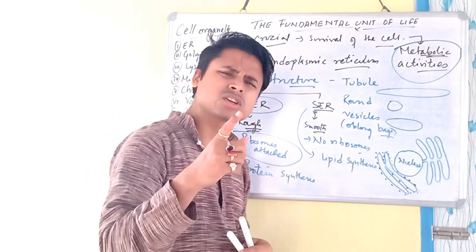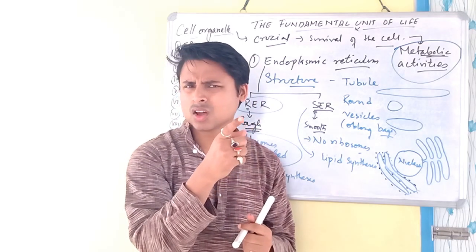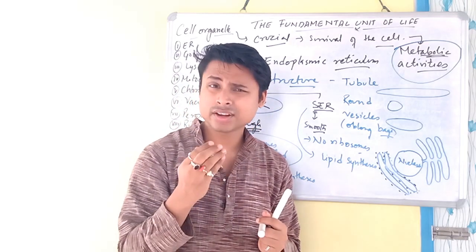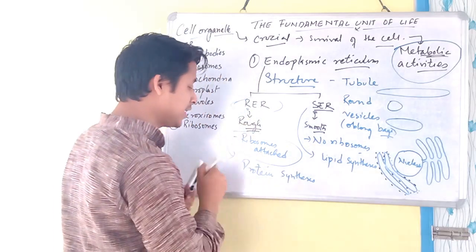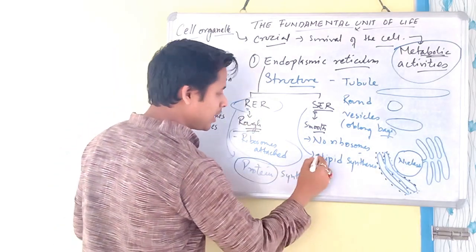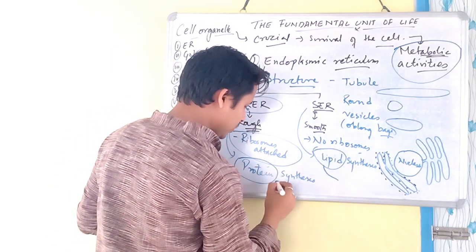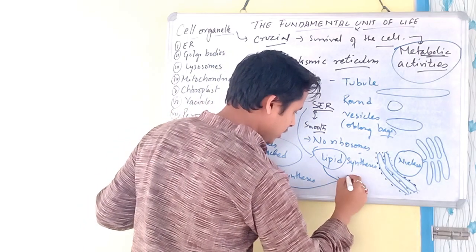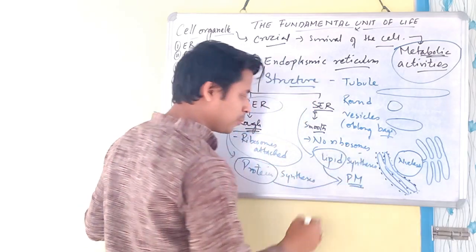Now, what is the structure of the plasma membrane? What is it made up of? Remember? Correct. Lipid and protein. So this lipid and protein make the plasma membrane.